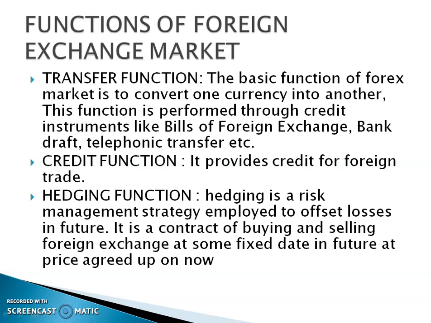Then the third function of the foreign exchange market is the hedging function. So what is hedging? It is a risk management strategy employed to offset losses in future. It is similar to home insurance. It is a contract of buying and selling foreign exchange at some fixed date in future at a price agreed upon now.